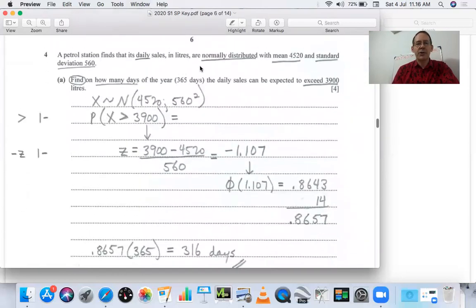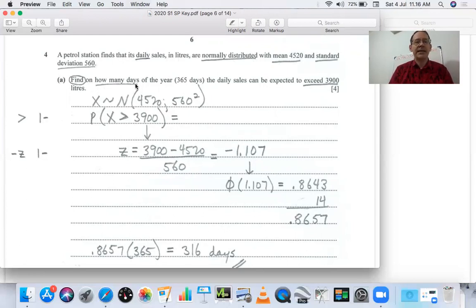Now we move on to a normal distribution. Notice how I underline and circle things as I go. A petrol station, petrol gas station, benzene station, whatever you're used to calling it, petrol station finds that its daily sales in liters are normally distributed with a mean of 4,520 and a standard deviation of 560.